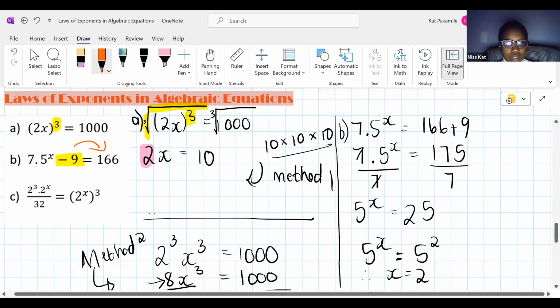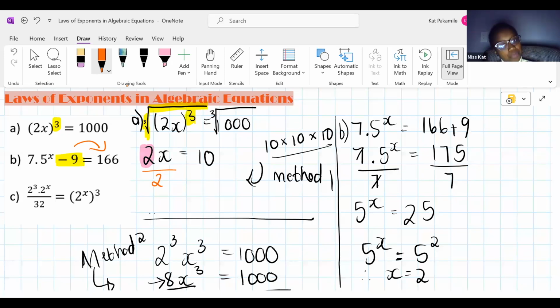So we divide by 2. But again, what you do on the left, you also do on the right. So then this 2 that we divided here cancels out. Do you see that? And we're left with x. And what's 10 divided by 2? It's 5. Do you see now where we got it?